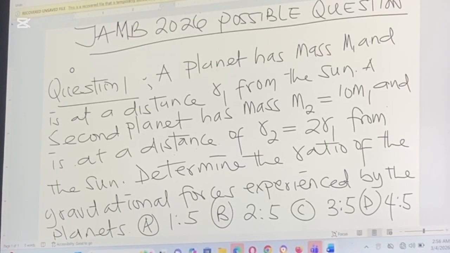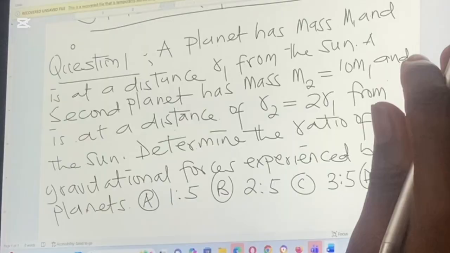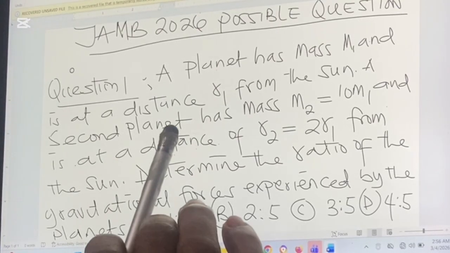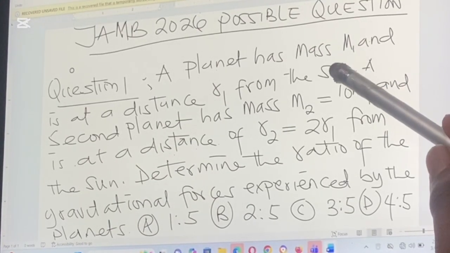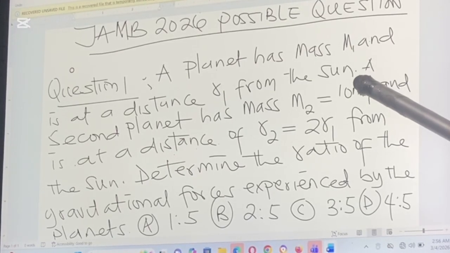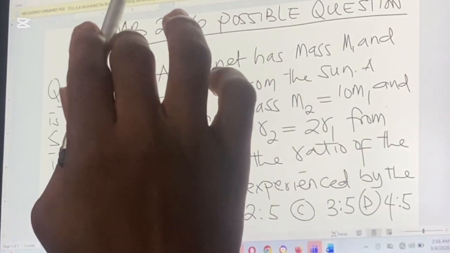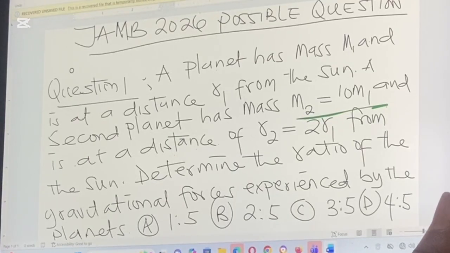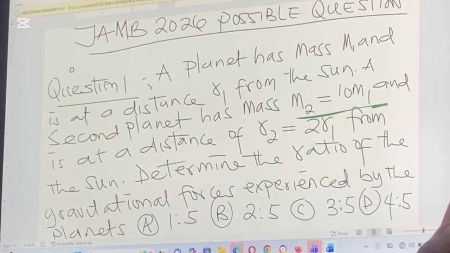They said a planet has mass m1 and is at a distance r1 from the sun. A second planet has mass m2 equal to 10 m1 and is at a distance of r2 equal to 2r1 from the sun.